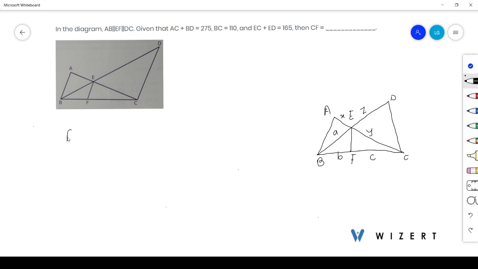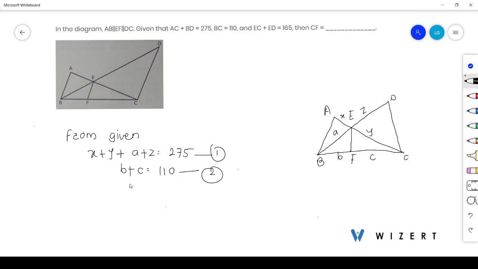Now, from the given, we can observe here, as AC plus BD equals 275, so X plus Y plus A plus Z equals 275. Suppose this is 1. BC means B plus C, which is 110. Suppose this is 2.